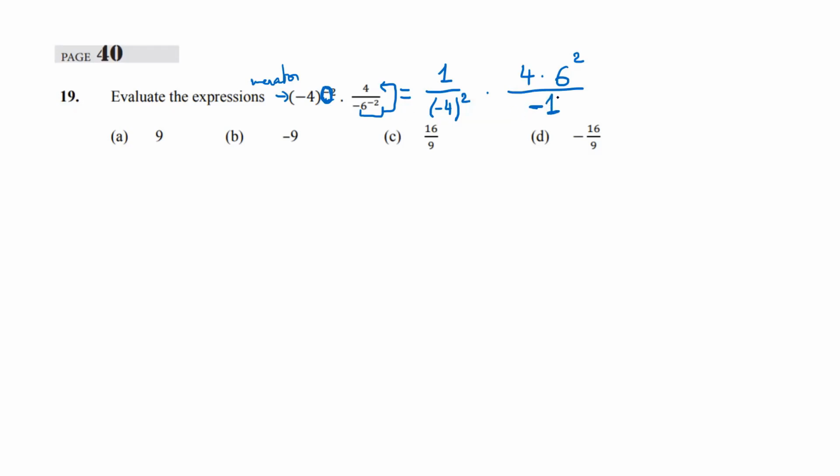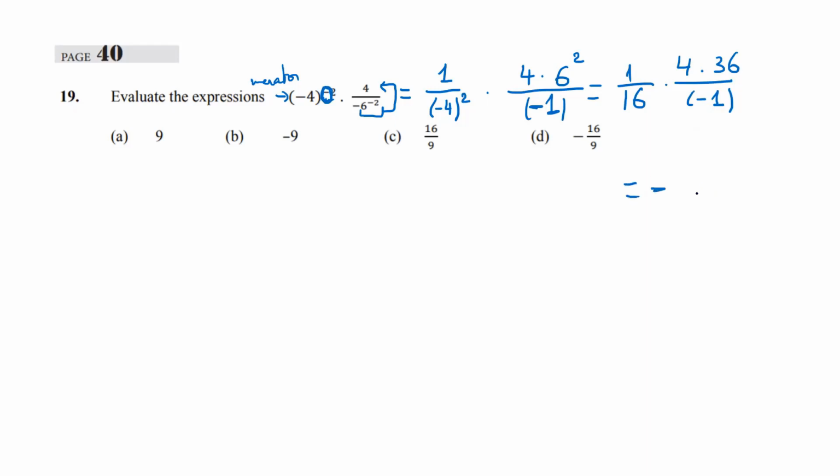Multiplication, when you don't have any number, it's 1. So 1 over negative 4 all squared is 16. 6 squared is 36. Minus 1. So what is the sign? Plus, plus, plus, plus, minus?